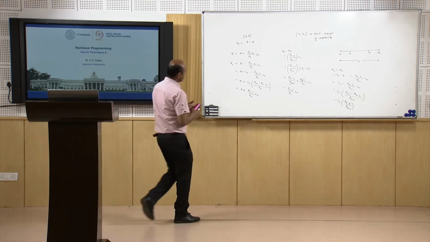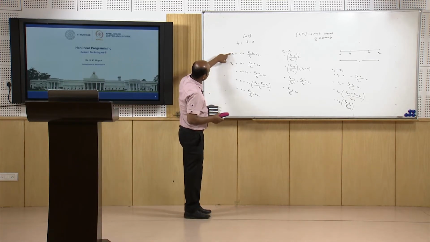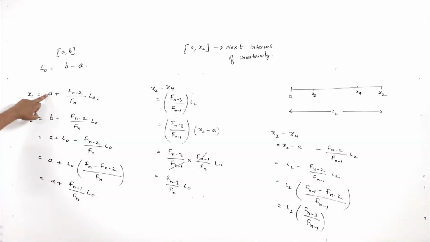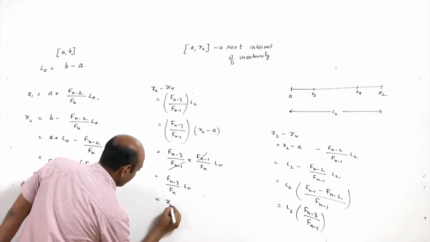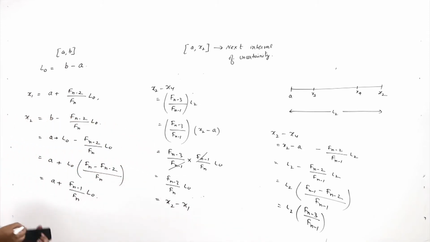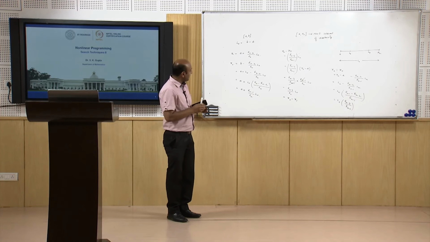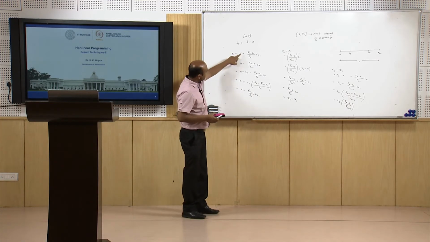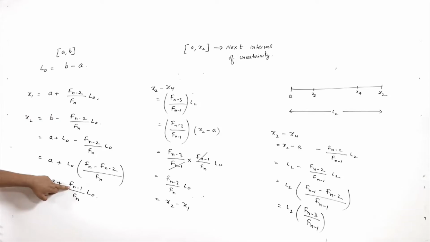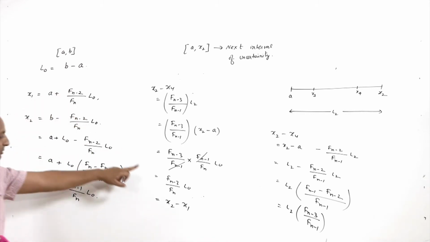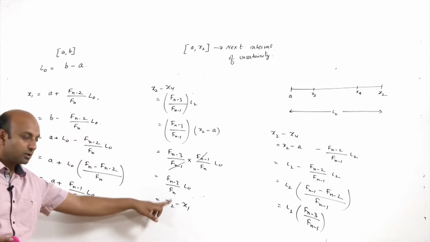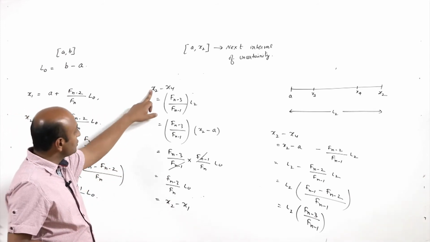If you find x2 minus x1 here, a cancels out and it is fn minus 1 minus fn minus 2, which by the Fibonacci series is equal to fn minus 3 upon fn into L naught. So, it is same as x2 minus x1. So, what do we obtain?